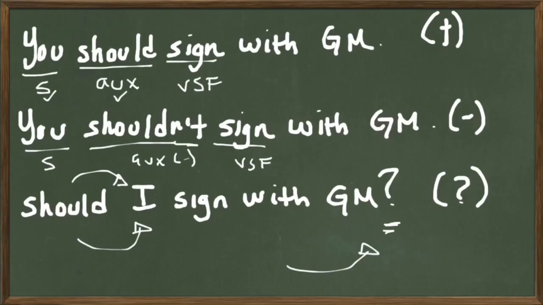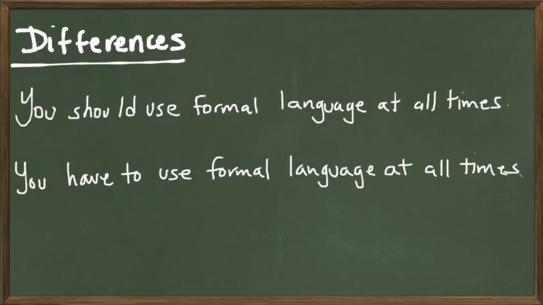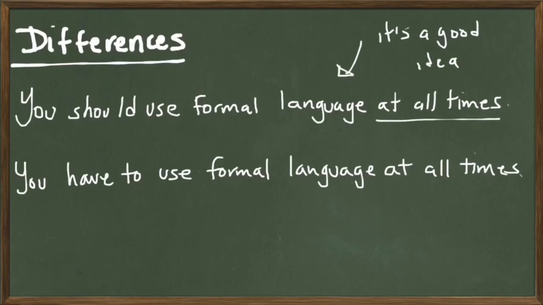Let's move on now. There are some differences. For example, you should use formal language at all times. This means it's a good idea. It's a good idea to speak correctly all the time, but it's not an obligation or a necessity.